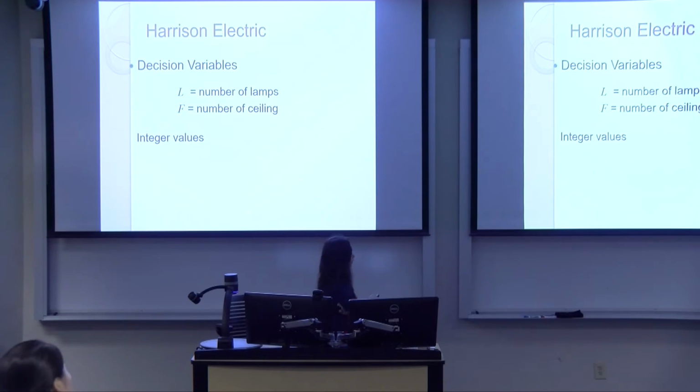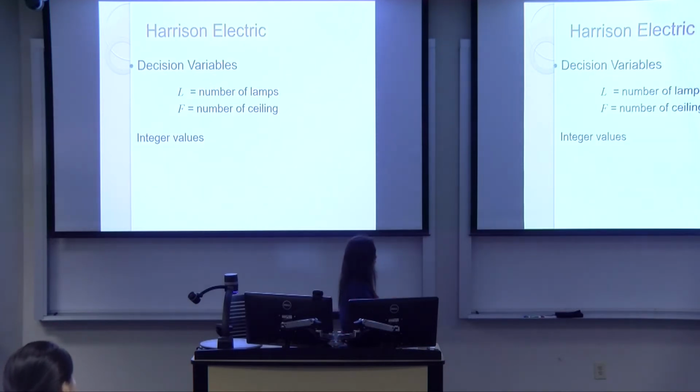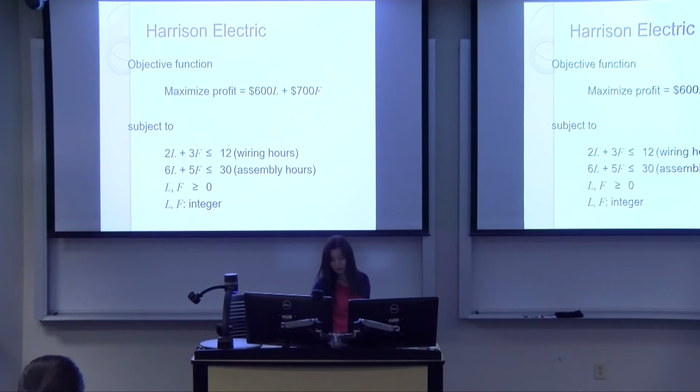Yes, very good. So I use L to denote the number of lamps, F to denote the number of ceiling fans. Actually, these should be integer values. So your objective function is to maximize your profit subject to those 3 constraints.